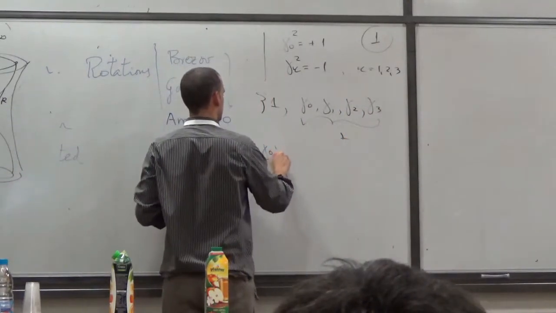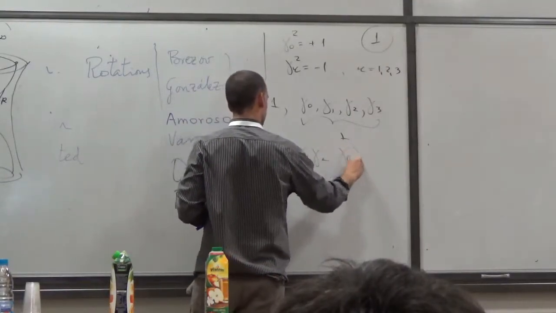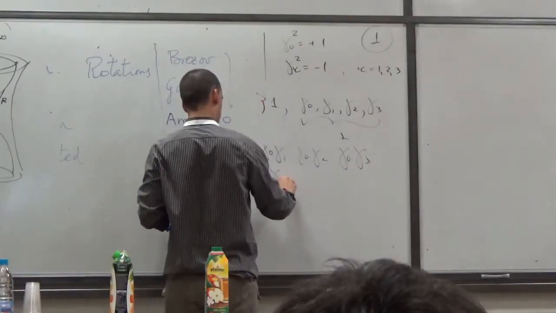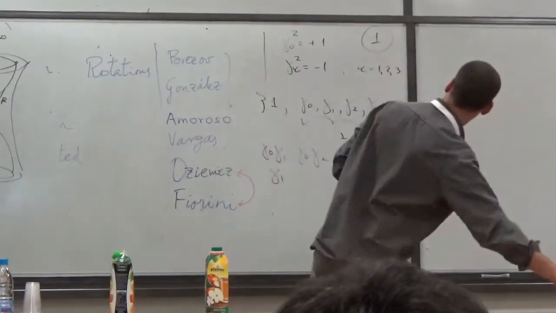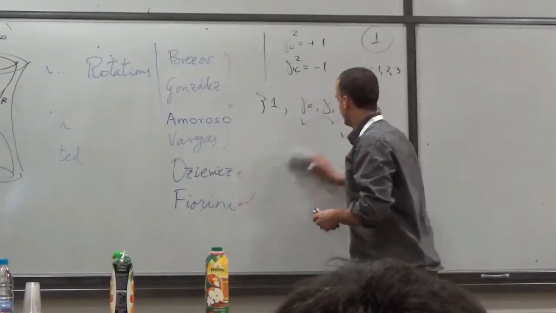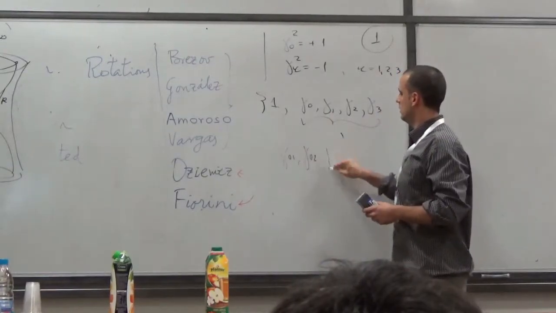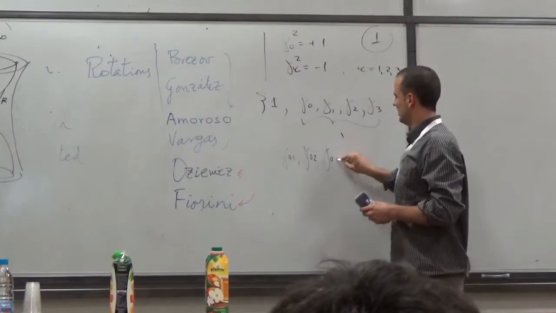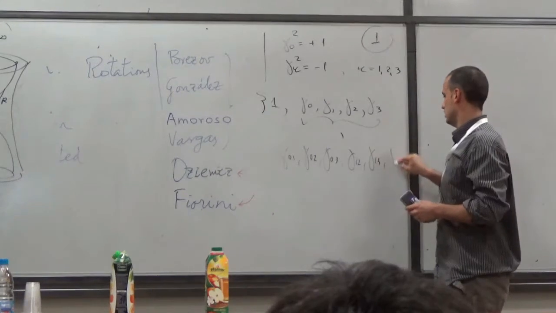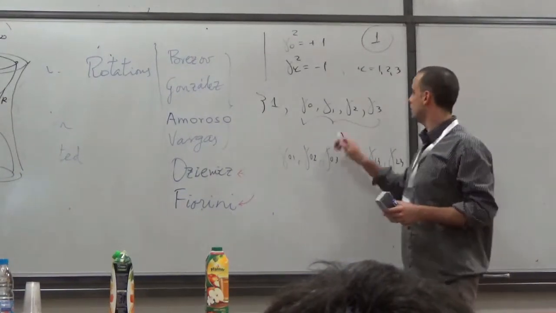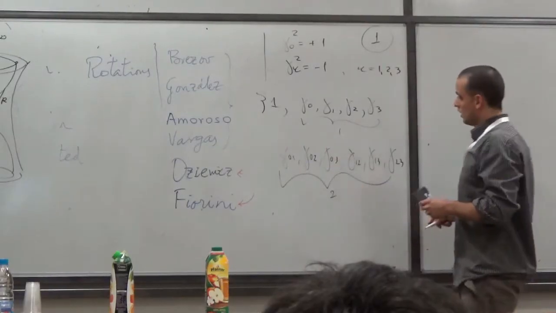Then you have gamma 0 1, gamma 0 2, gamma 0 3, and then gamma 1 2, gamma 1 3, gamma 2 3. Those are the grade 2 elements.